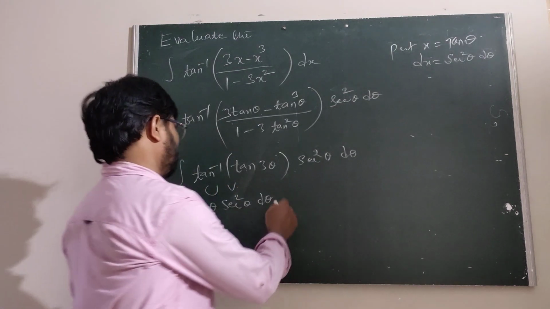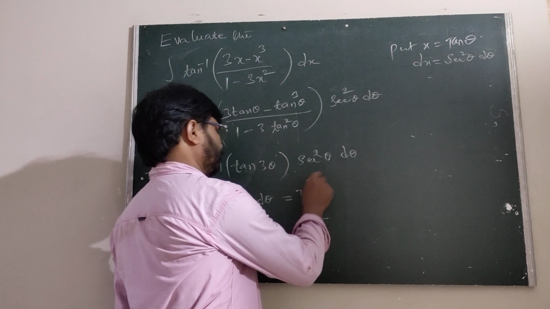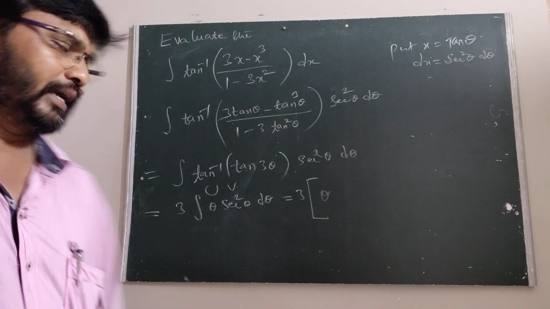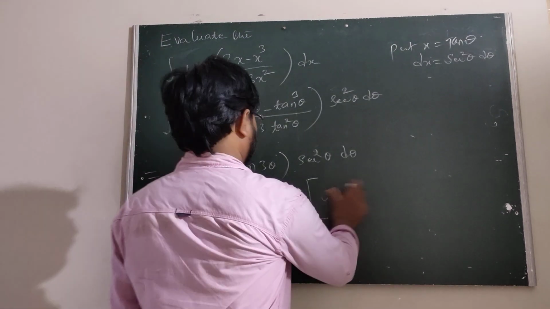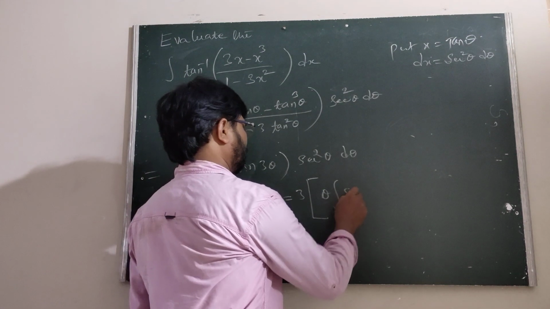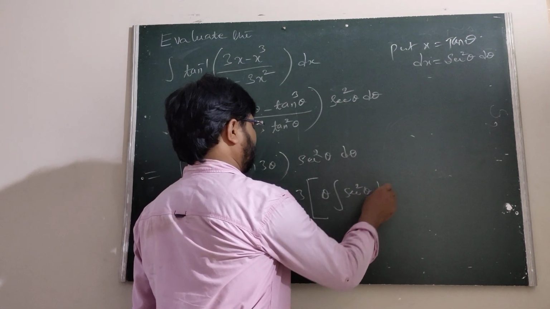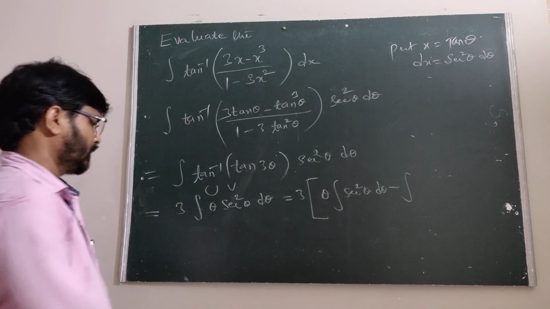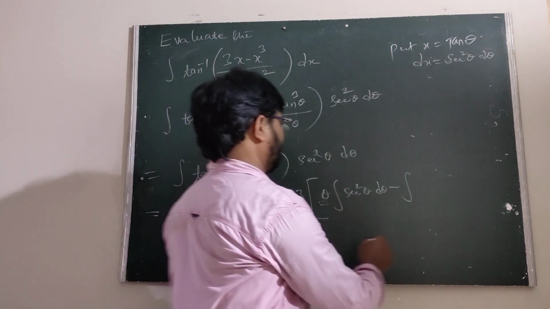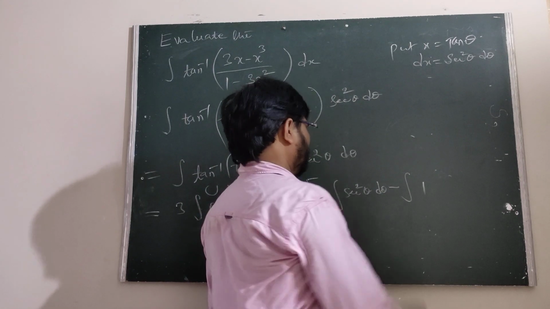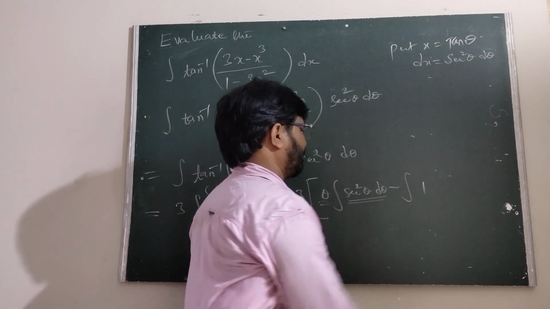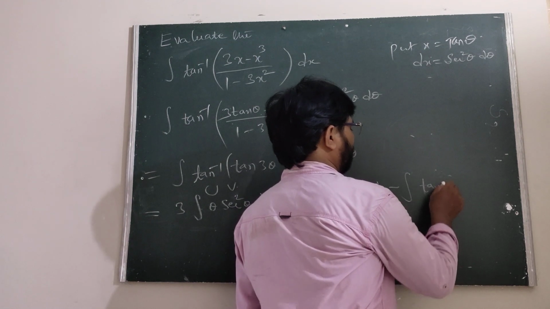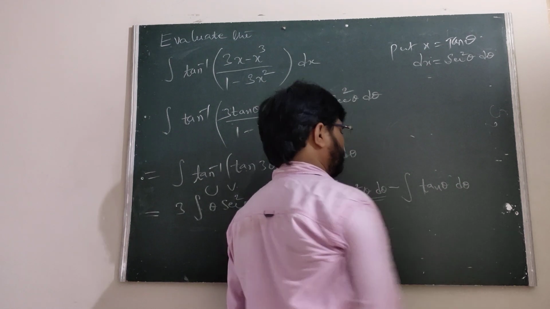Now this is 3 into the first, that means theta, into the integral of secant square theta d theta, minus the integral of the derivative of theta, which is 1, times the integral of secant square theta, which is tan theta, d theta. Is it clear?